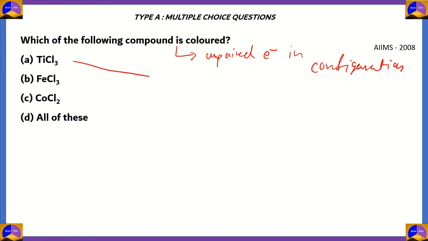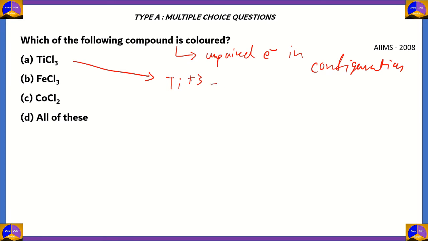So in TiCl3, titanium trichloride, we remove the chlorine. Chlorine has a charge of -1, so together it makes -3, so titanium must have a charge of +3, or the oxidation state of titanium is +3.